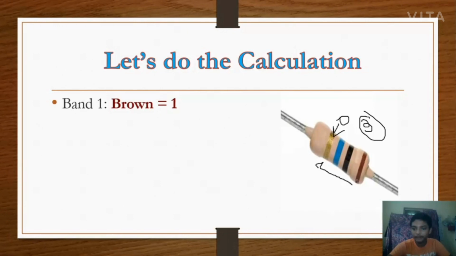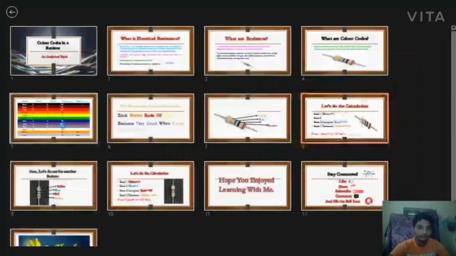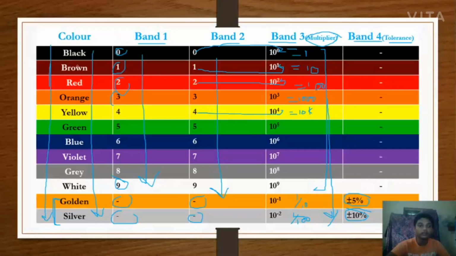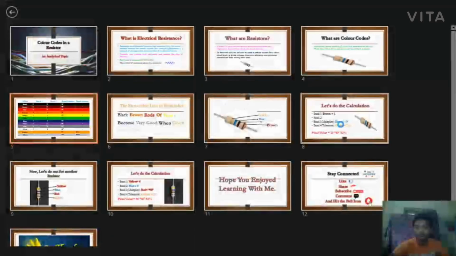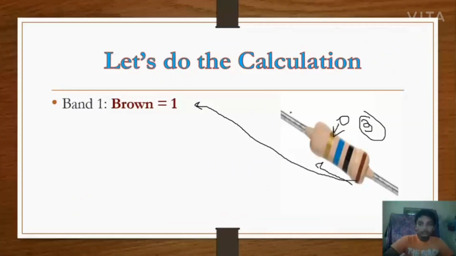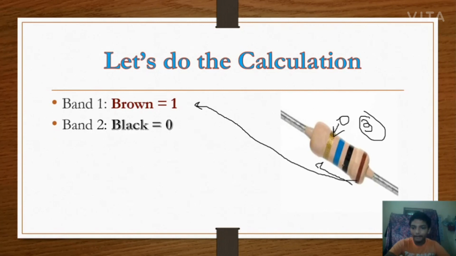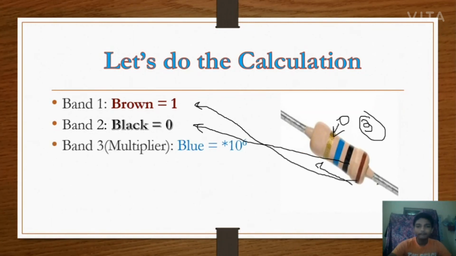The first band is brown, and the value of brown is 1. Let's check it out from the table. See, band value of brown is 1. Now the band 2, it is black. Black is 0. Band 3 multiplier is blue.